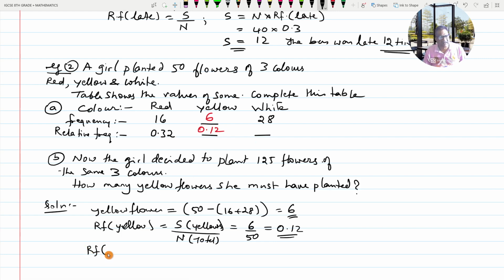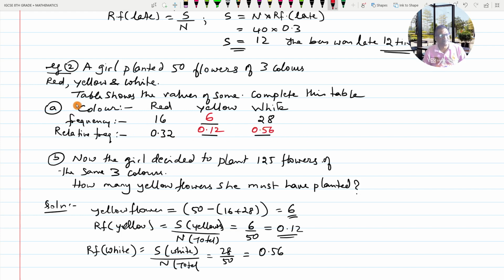Relative frequency of the white flowers will be the total number of white flowers out of 50 divided by the total number of flowers planted, that is 50. So this should work out to 28 upon 50, and this gives you the answer as 0.56, right? So the answer for this one will be 0.56.